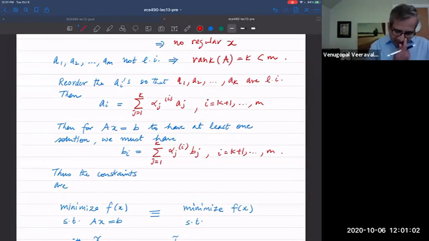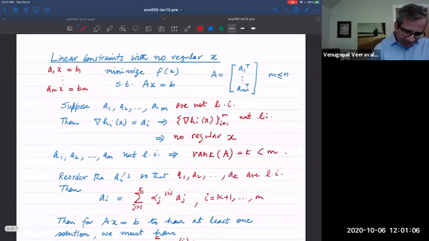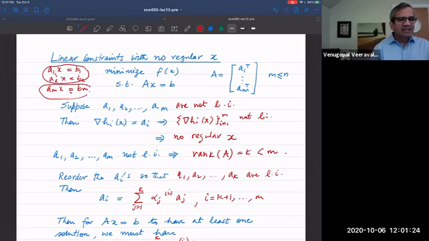So in this case, what this is saying is that if I go up to AkX equal to bk, then these are all that I need, because the remaining ones are just derived from the first k constraints.